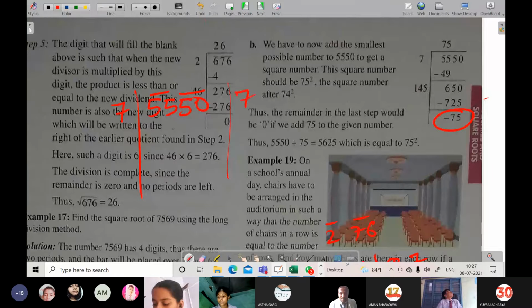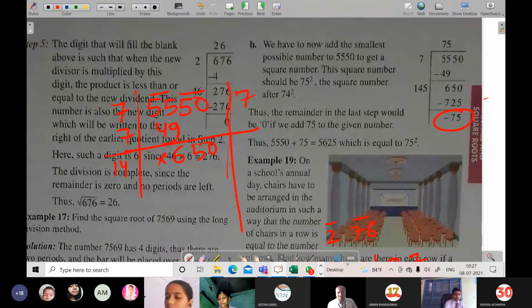What will happen? 6 will come down and 50 will come down, and this 4 4 will be cancelled. 7 7 added, it became 14. Now, of course, when it is said to add it, then we know with 7 we will apply, then it will come smaller than 650. Sorry, with 4, when we will apply, then it will come smaller than 650. But we have to know how much it should be added. So we will take just a number bigger with 5.